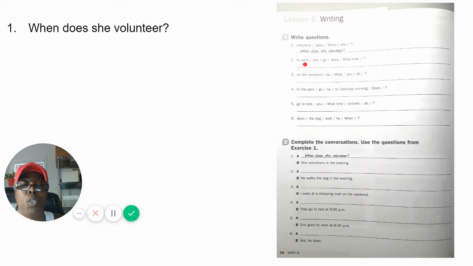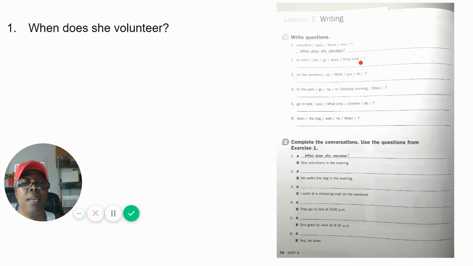We have she, go, does, what time, and question mark. Well, we know we start with what time, right? We know we're starting with what time because what has a capital letter, and our sentences must begin with a capital letter.